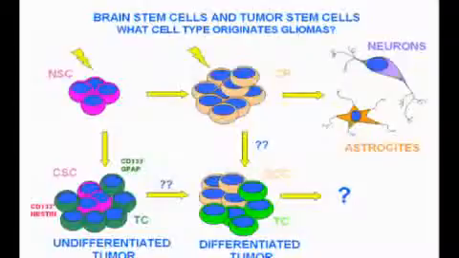Anyway, the tumor contains a certain number of cells that do have markers of pluripotential cells, mostly stem cells, like CD133 or nestin, whereas the rest of the tumor presents other kinds of markers more related to differentiation, like GFAP or neurofilaments.